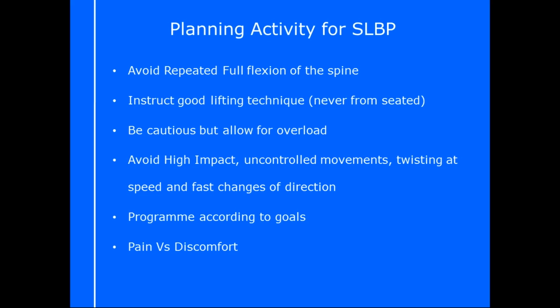Now this one's really, really important. It's important to be cautious when people have pain, and I totally understand the thought process behind that. However, you still need to make sure that you overload the desired muscle. So for example, some people go, oh, it's very important for them to work their core, so I'm going to do a shoulder press sitting on a stability ball, for example.